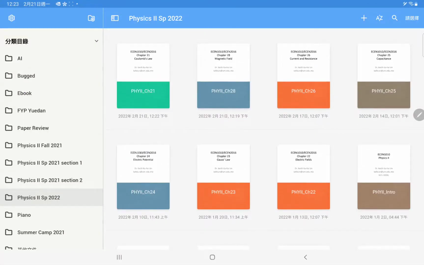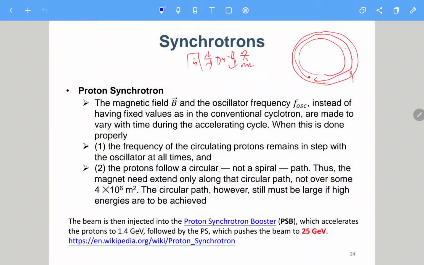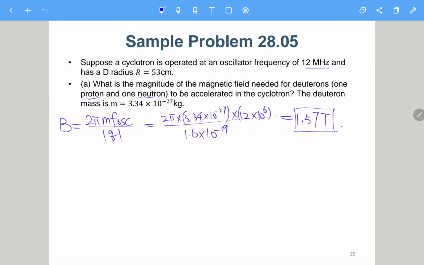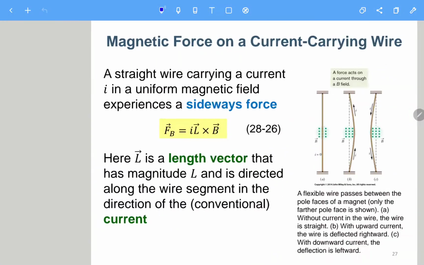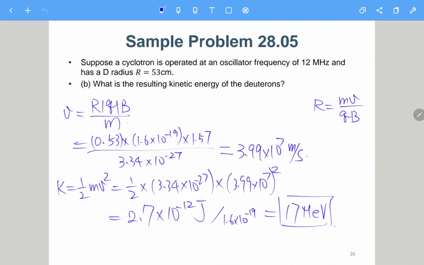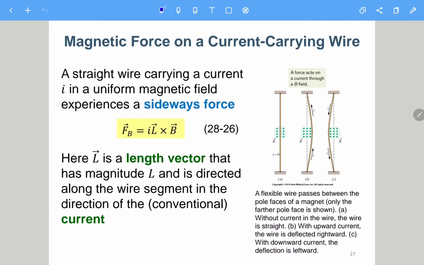And just go back to here. Okay, so here we talk about the magnetic force on a current carrying wire.